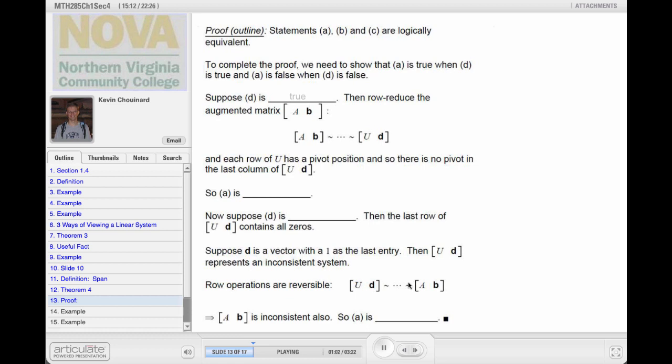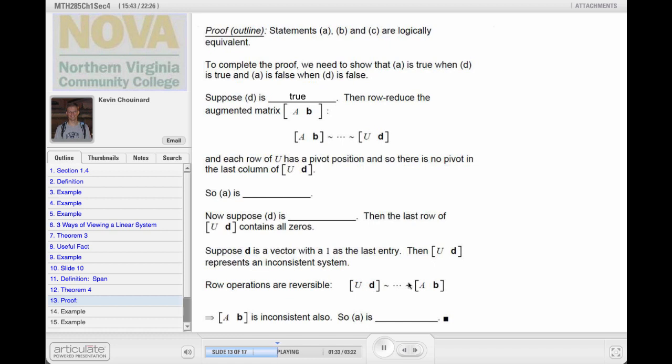Suppose D is true. Now, if D is true, that's saying that you have a pivot position in every row. If we have a pivot position in every row, then let's row reduce the augmented matrix. And when we row reduce the augmented matrix, we're going to get a matrix U augmented with a final column d, and each row of U is going to have a pivot position.